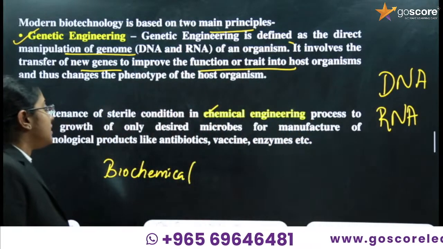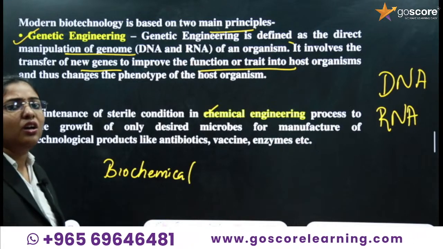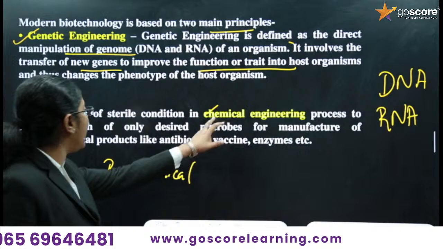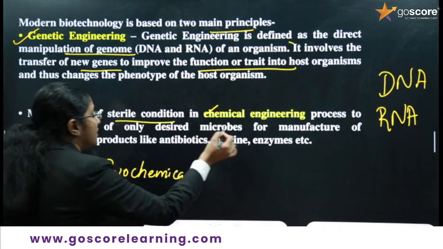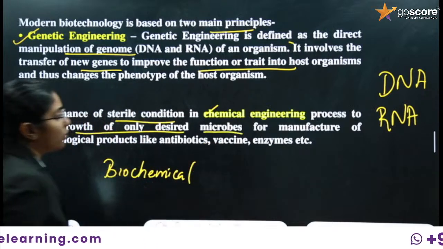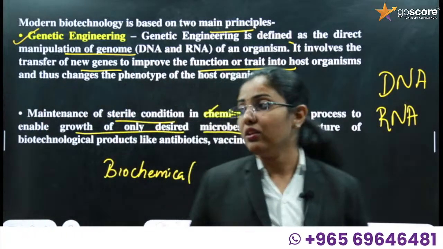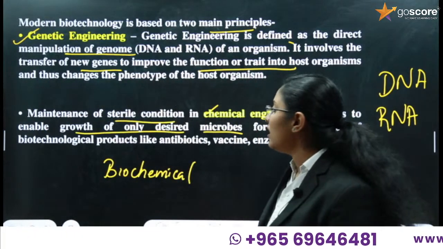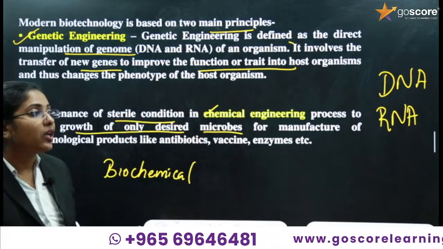Next one is chemical engineering. What is chemical engineering? It is the maintenance of sterile conditions in the chemical engineering process to enable growth of only the desired microbes. Only the desired microbes will be manufactured. What are the products in biotechnology after this biochemical processing?